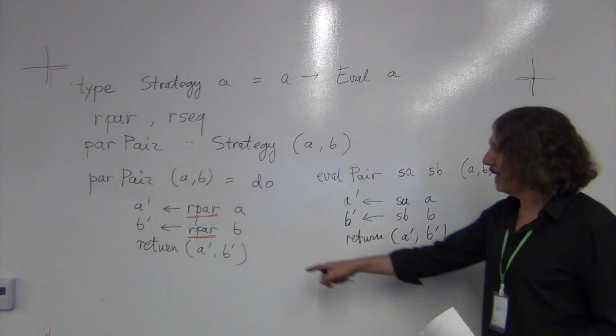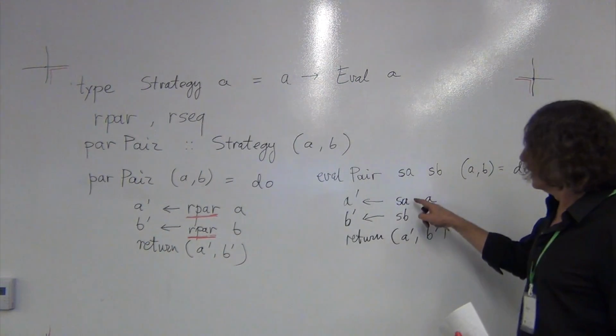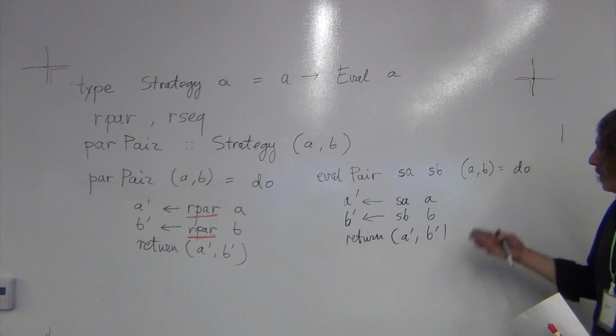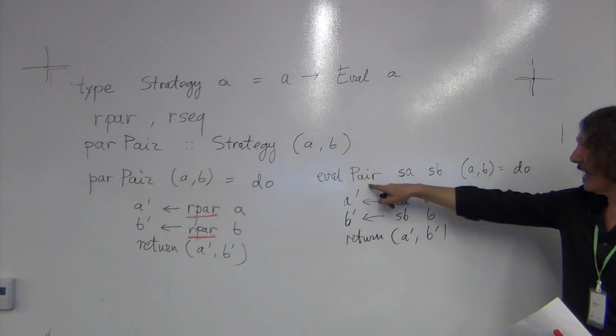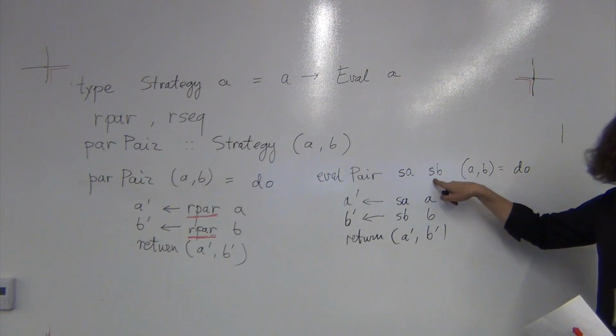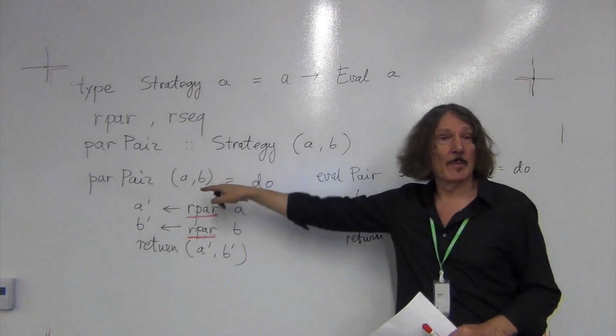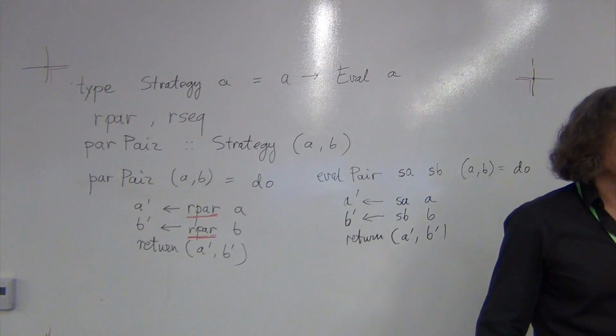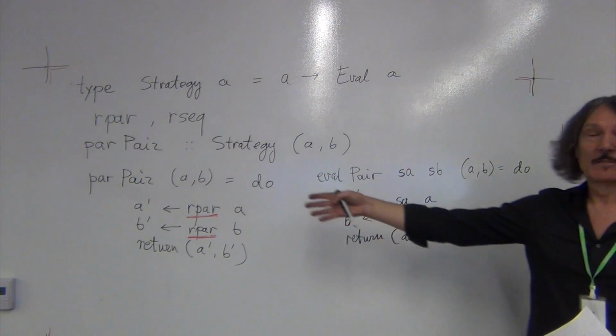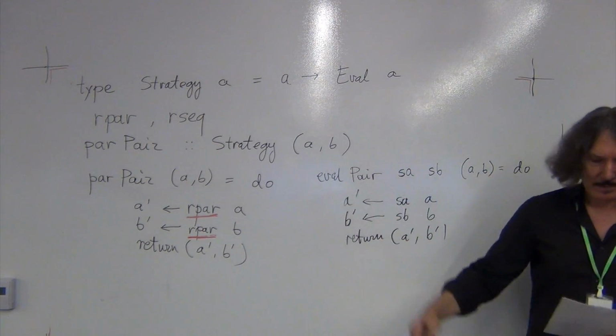Okay, so I replace this rpar with sa and sb. And in particular, if I call evalPair with rpar, I'll get back my parPair. Right? So this is more general than this. In particular, we can get this.